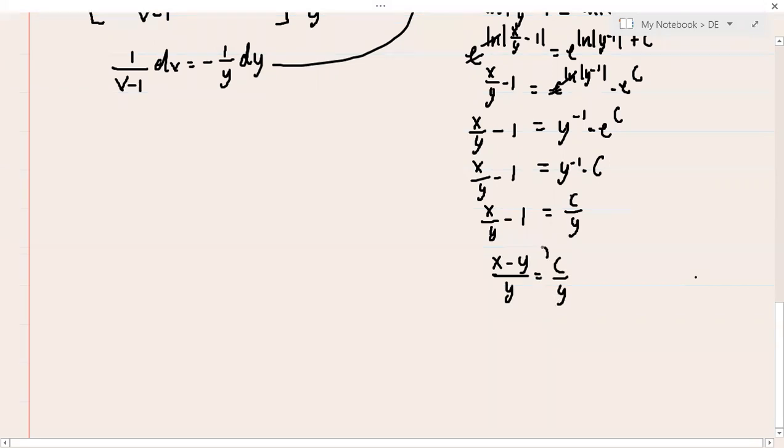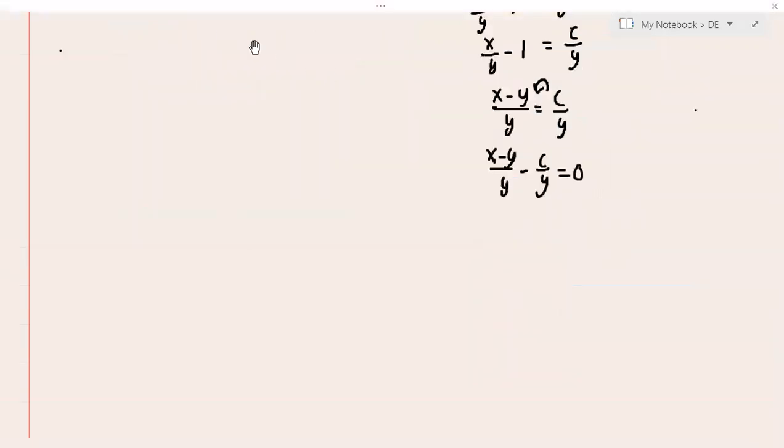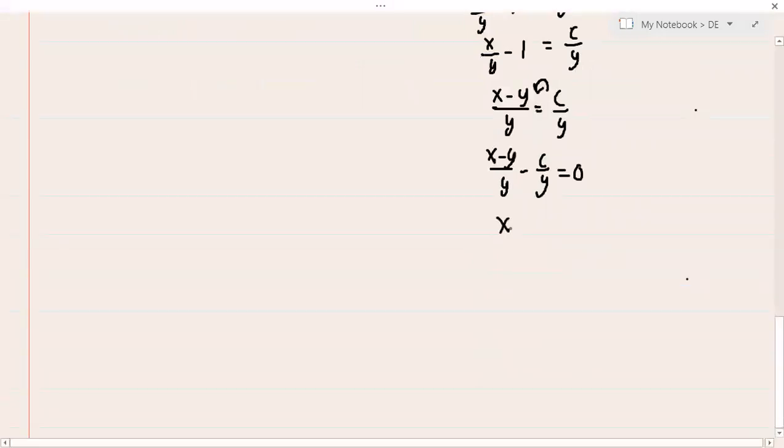Then, ang gawin ko is ipag-combine ko itong c all over y sa kaliwa, which I will have x minus y all over y minus c all over y is equal to 0. So what happens here is that magiging ganito yung tsura niya. X minus y minus c all over y. Or plus c na lang instead of minus c.